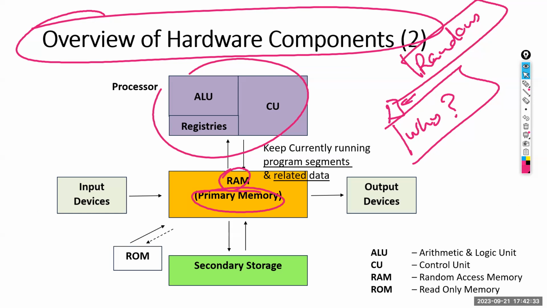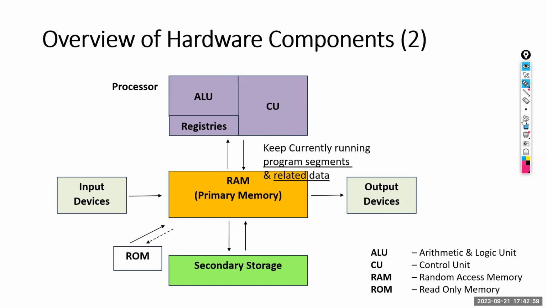In Sinhala, we say random as ahambu. Random means any, without any specific logic or preference. So random means any, no preference or no predefined logic. So then why do we call it random access memory? Access means access it. Memory means memory. So then why do we call it random access memory?